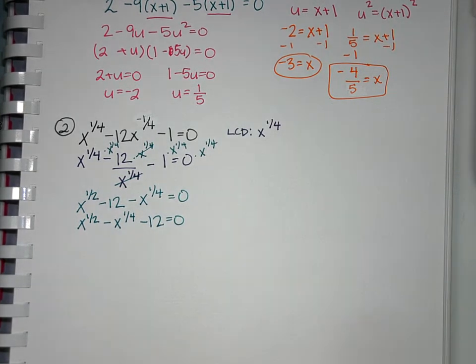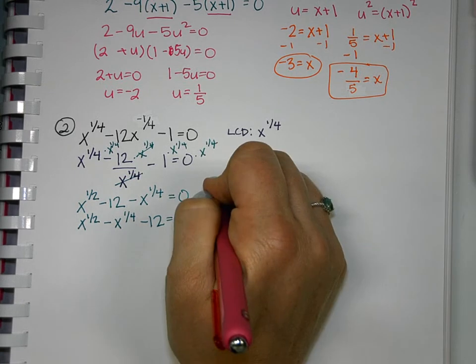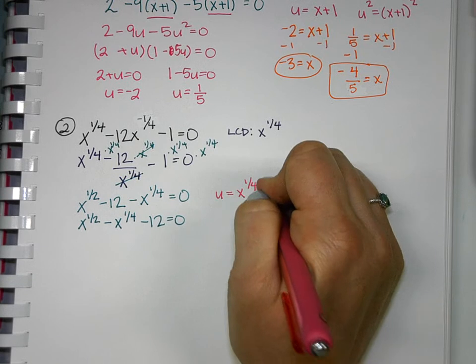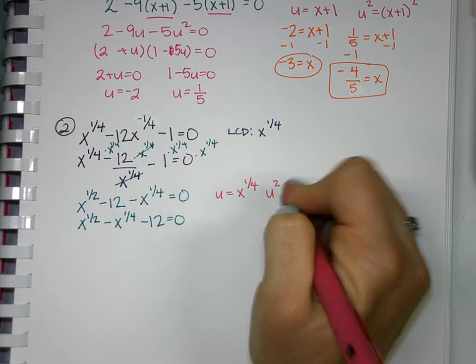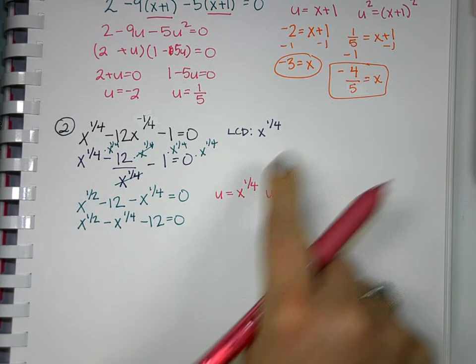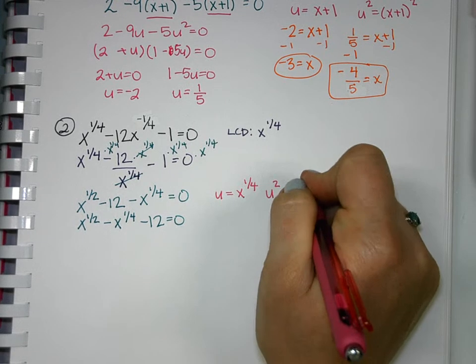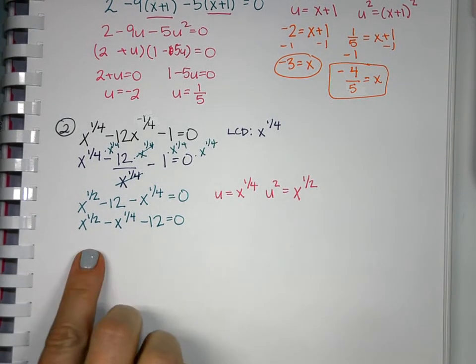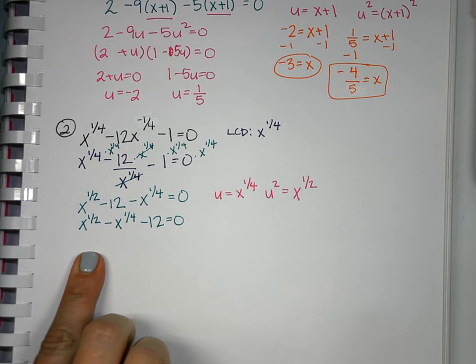So here I do see that if I were to call u x to the 1/4, then u squared, so 1/4 squared, is x to the 1/2. I do have both of these terms in my problem, so I can do a u substitution if I wanted to.